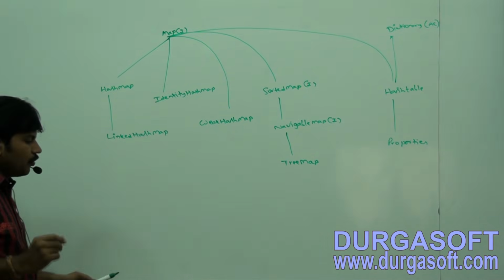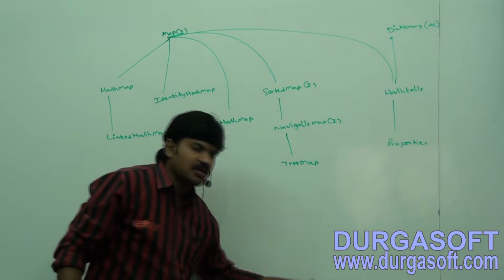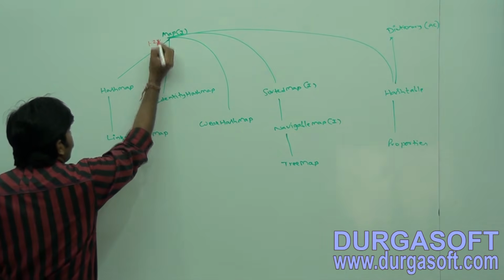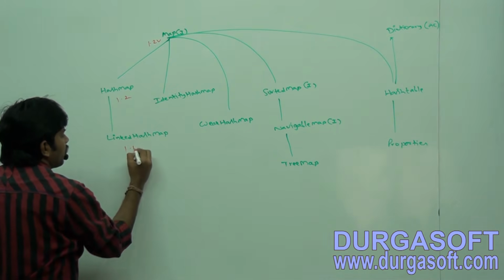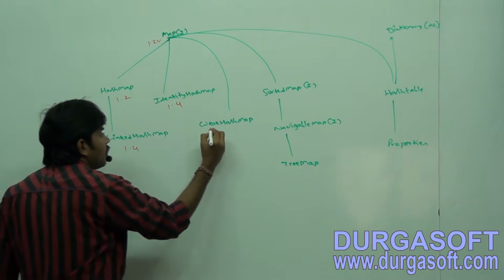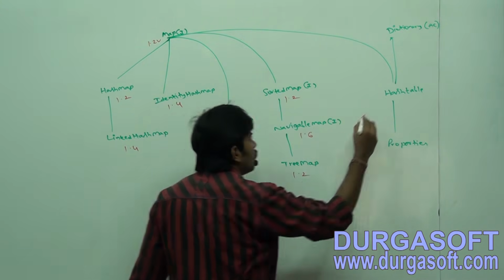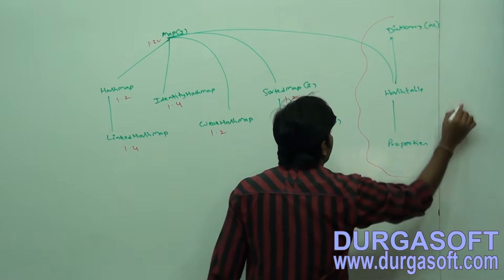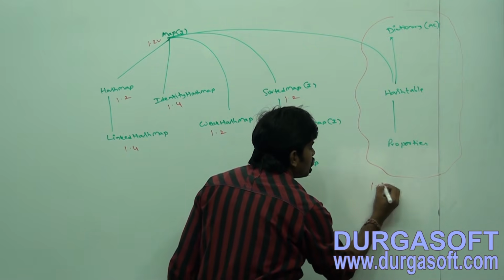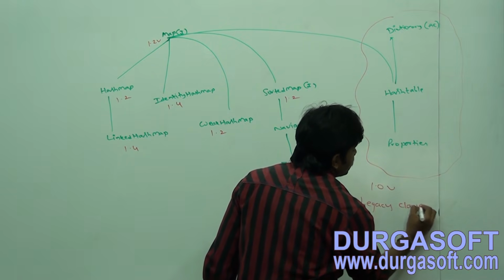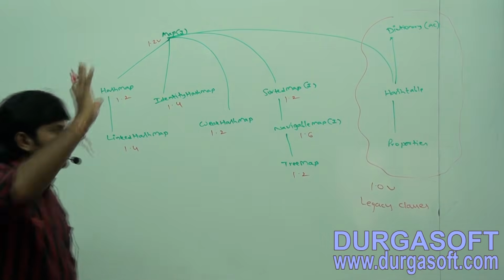I hope you are aware in which versions these things came into the picture. The Map concept came in 1.2, and the total legacy concept came in 1.0 version. These things are considered as legacy classes.